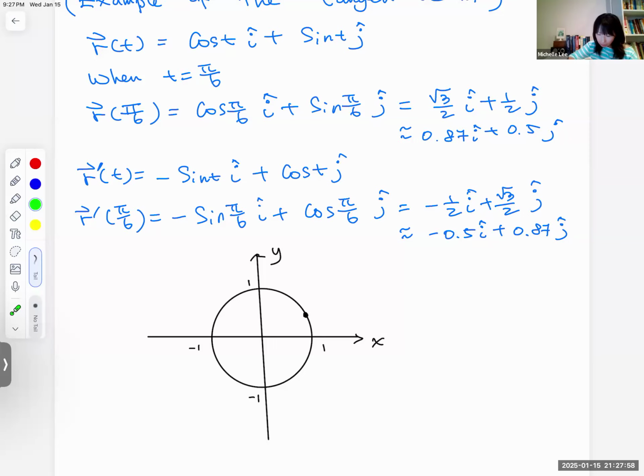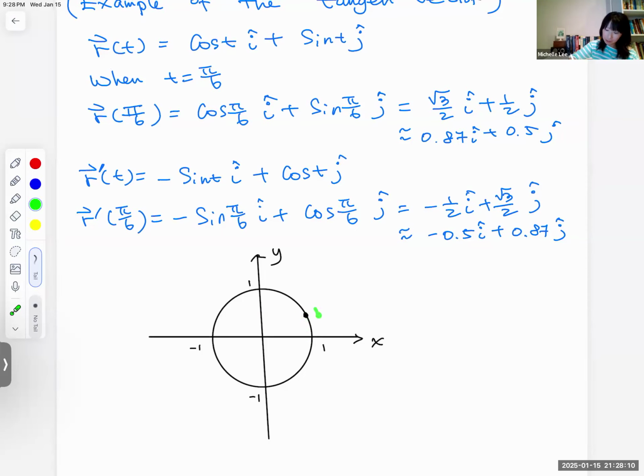So almost 0.9, and this is 0.5. So that is r of pi over 6.